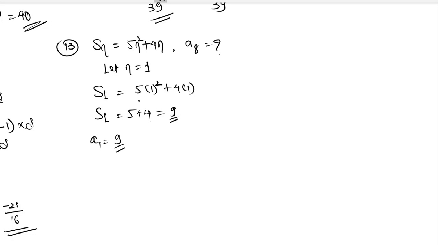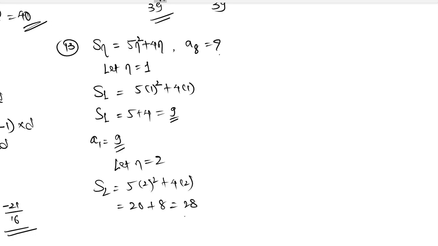And let us be very, very clear. What is sum of two terms? Let n is equal to 2. We can find S of 2. S of 2 is equal to 5 into 2 square plus 4 into 2, which is 5 fours are 20 plus 4 twos are 8, which is 28. So the sum of first two terms is 28.